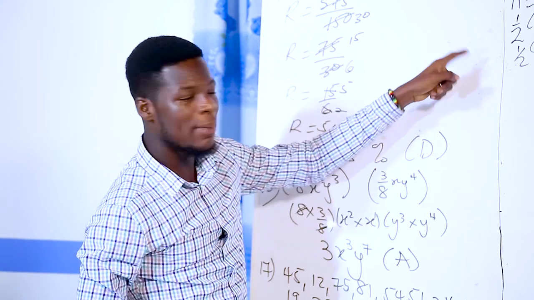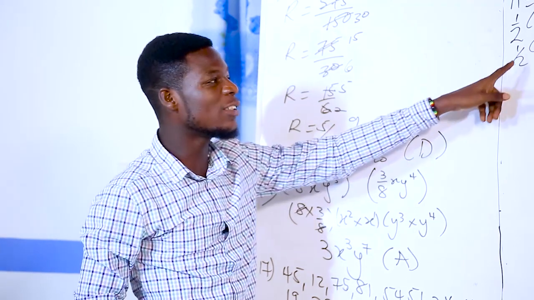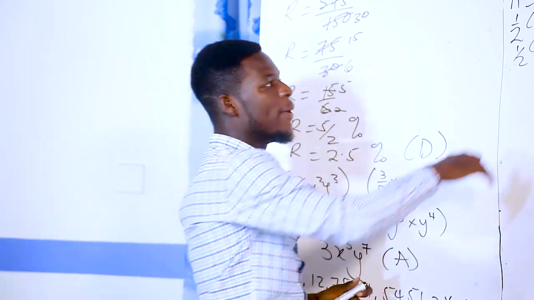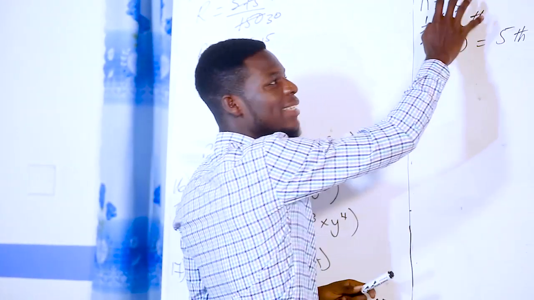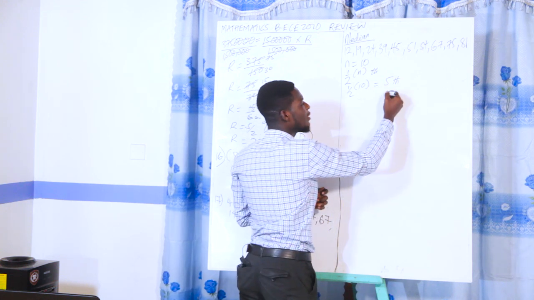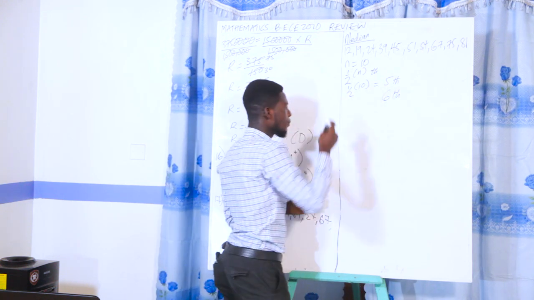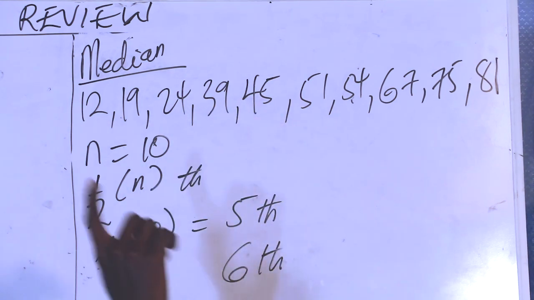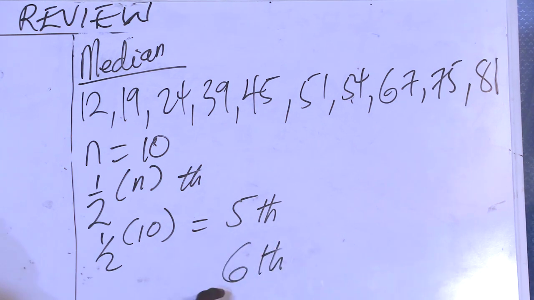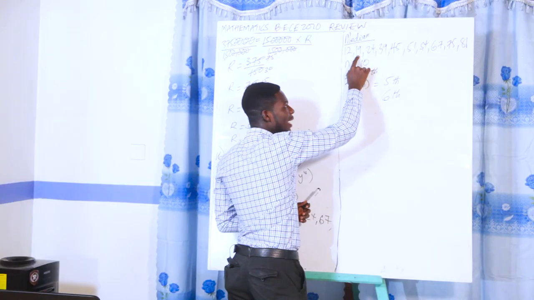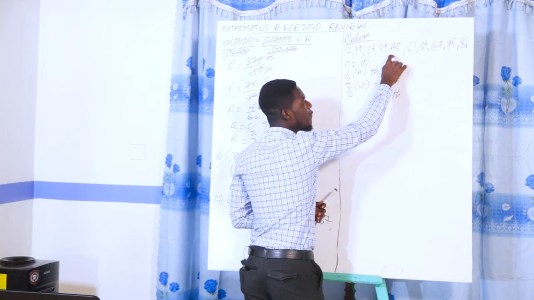So this position median means that our median is going to be found at the 5th position. But we are not done. Because the number of data is even, we find the next position, which is the 6th position. So we come back to our data and find the value at the 5th and the 6th position. This is the 1st, 2nd, 3rd, 4th, 5th.